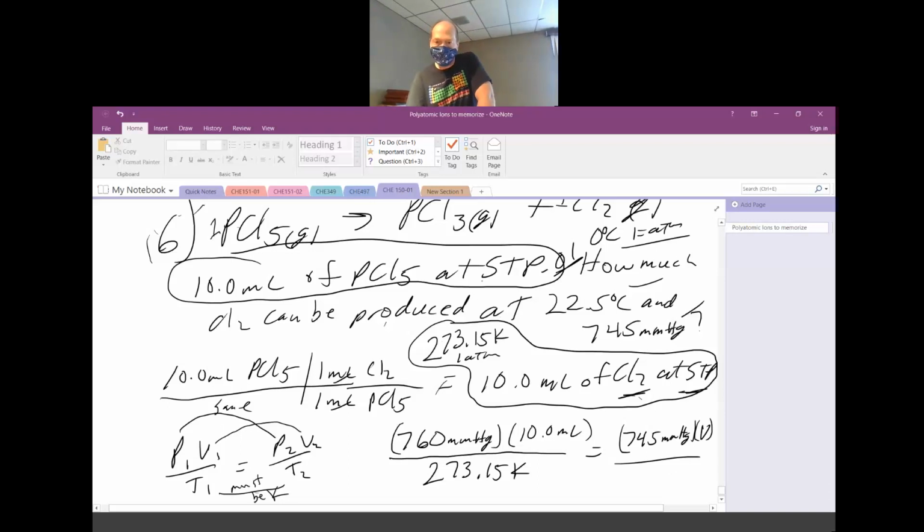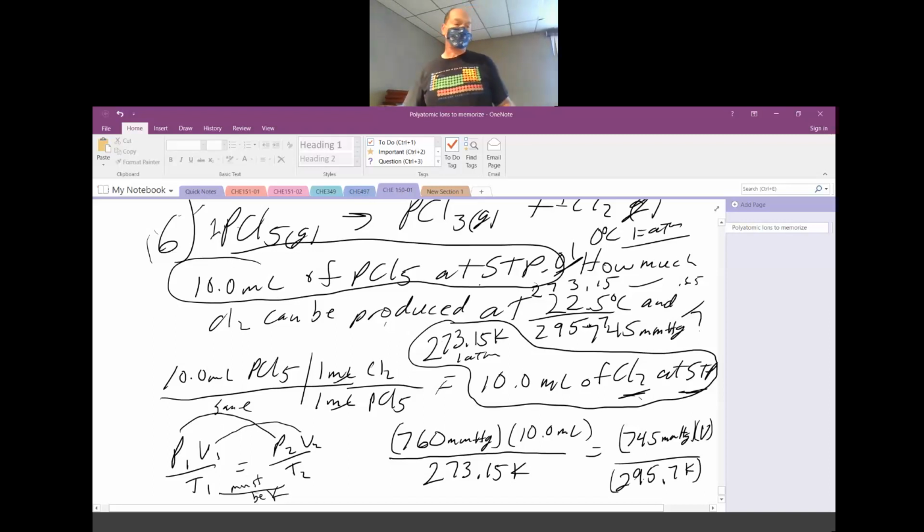Here you have your 22.5. You must add 273.15 and you will get 295.65. When you do the 0.65, that rounds to 0.7 because of decimal places, so 295.7 Kelvin.